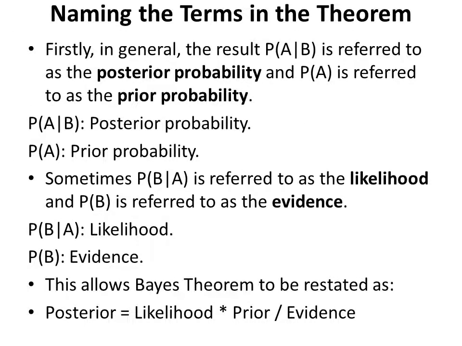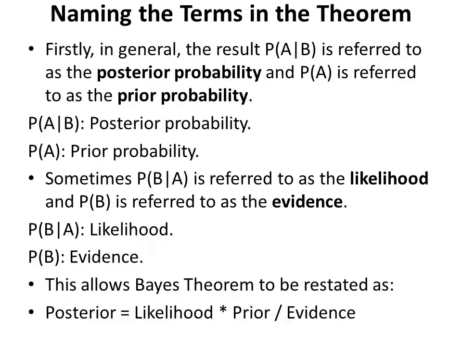So, naming the terms in Bayes' theorem. In general, the result probability of event A given event B is referred to as the posterior probability, and the probability of the event A is referred to as the prior probability. So probability of A given B is the posterior probability.